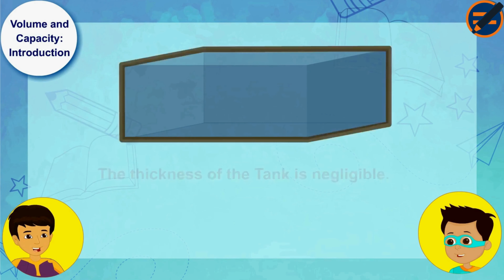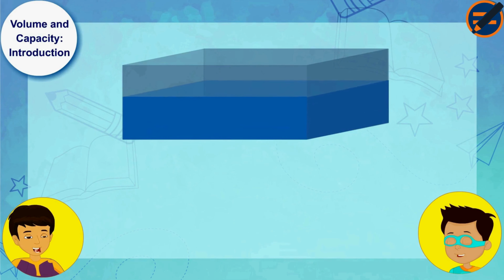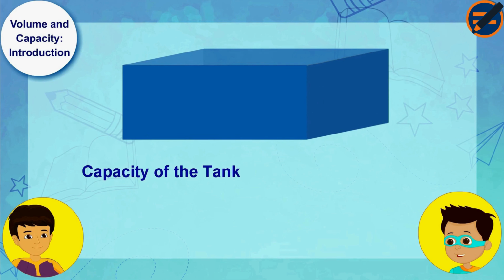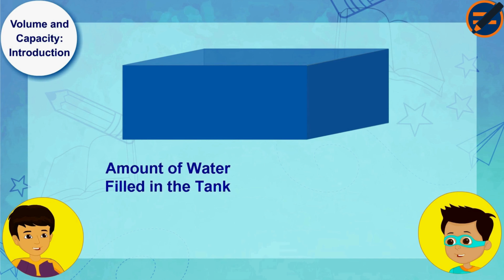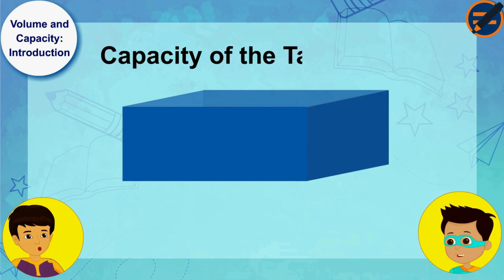And because the thickness of the tank is negligible, the space occupied by the water inside the tank, or the capacity of the tank, is equal to the volume of the tank. Thus, the amount of water you can fill in the tank is equal to its volume. So, can we say that the capacity of the tank is 1 meter cube?